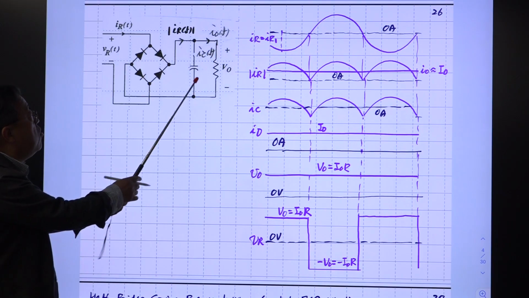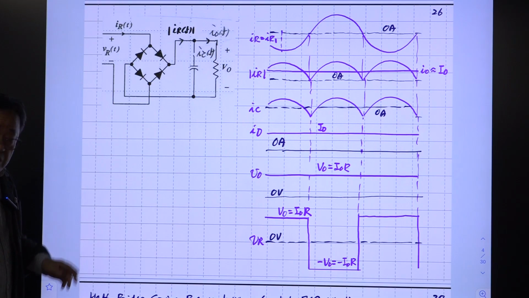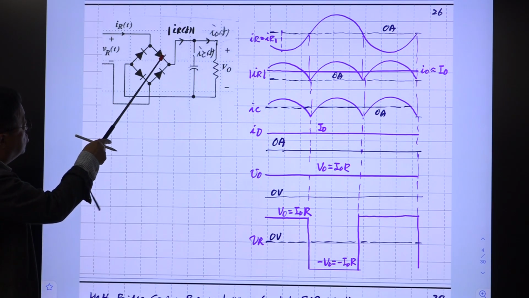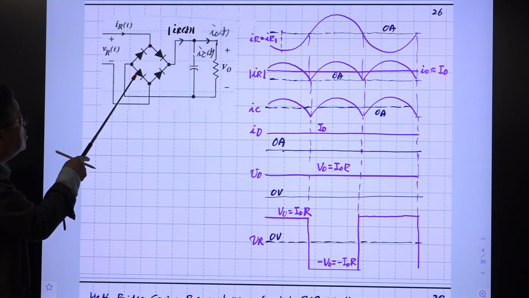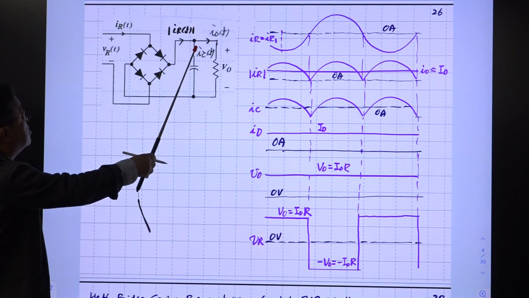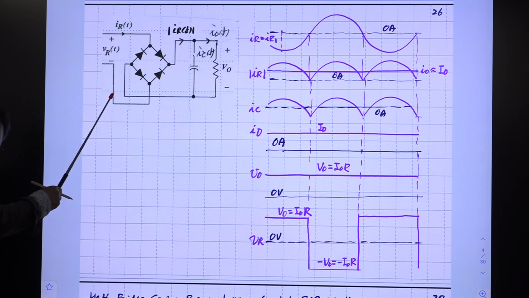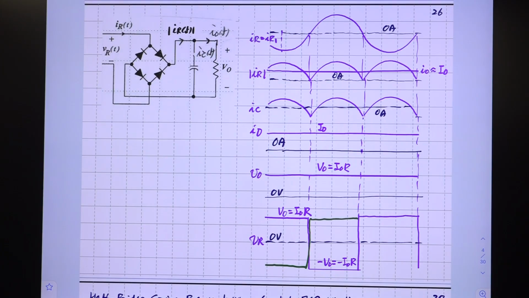Okay, so this works as the voltage source. When these two diodes are connected, this one and this one are connected, this positive voltage is appearing across this node. So we have, this is wrong. This was a mistake. It should be out of phase. The original one was a mistake.